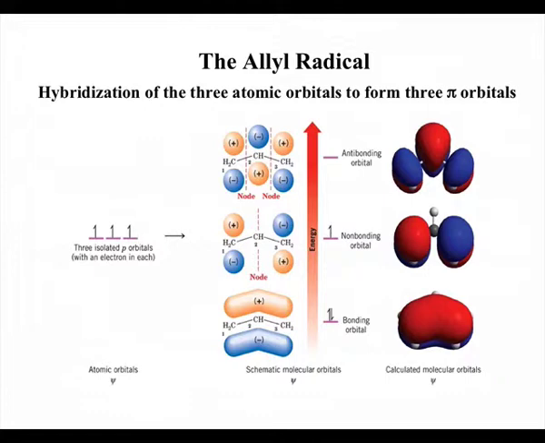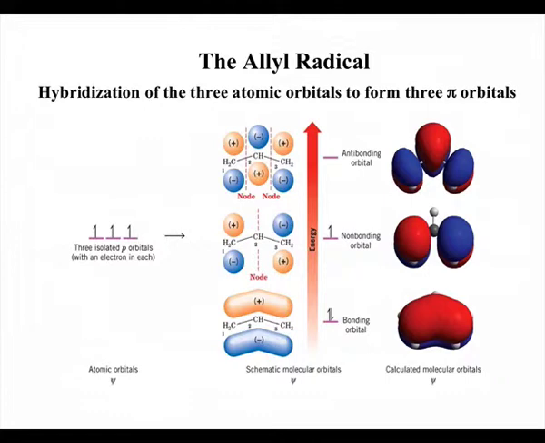Now don't think of these as p orbitals. This is a molecular orbital. It looks like you have p orbitals on the end, but this is a single orbital. So I took 3 p orbitals and combined them to make 3 molecular orbitals. The lowest energy one will have no nodes, which means there's going to be orbital contribution on each carbon.